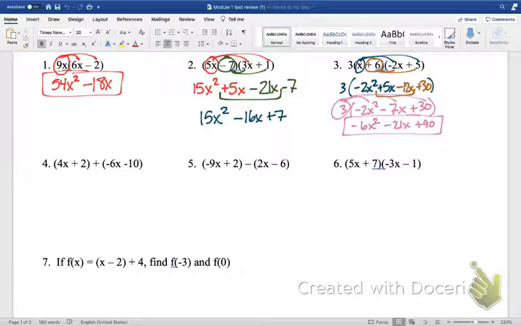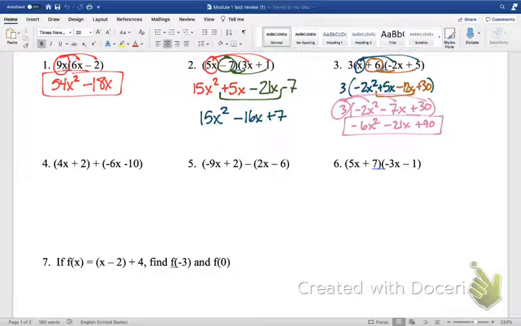Number 4, a little bit tricky because we've been multiplying, but then this time we have an addition sign in the middle. So we're going to essentially see if you can simplify inside the parentheses, which you cannot, and then we're just going to add or subtract.